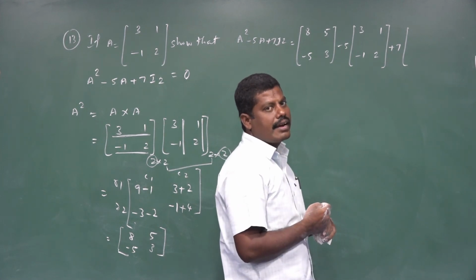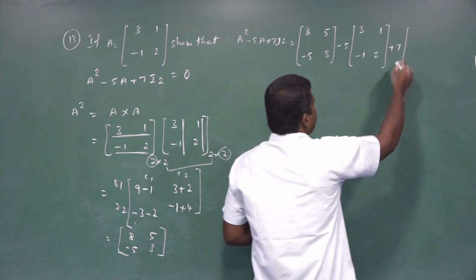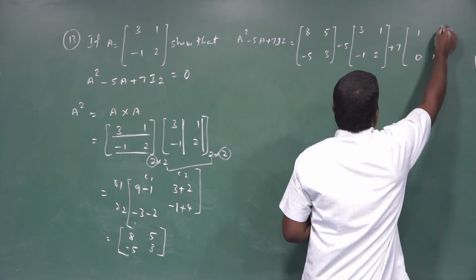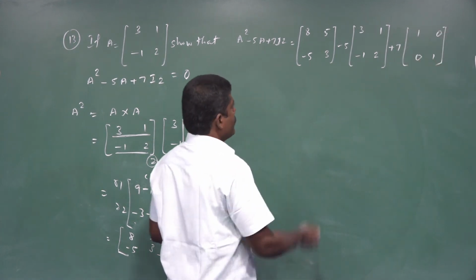The I matrix is of order 2 by 2. So 2 by 2 I matrix is 1 0 0 1. Now you calculate this.